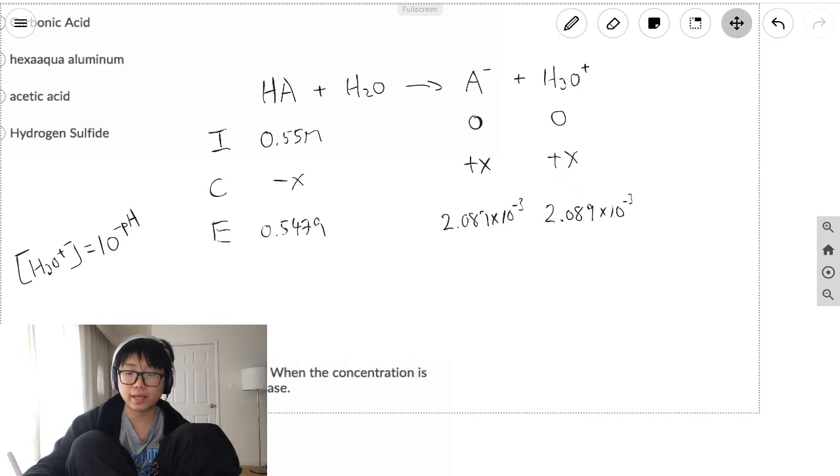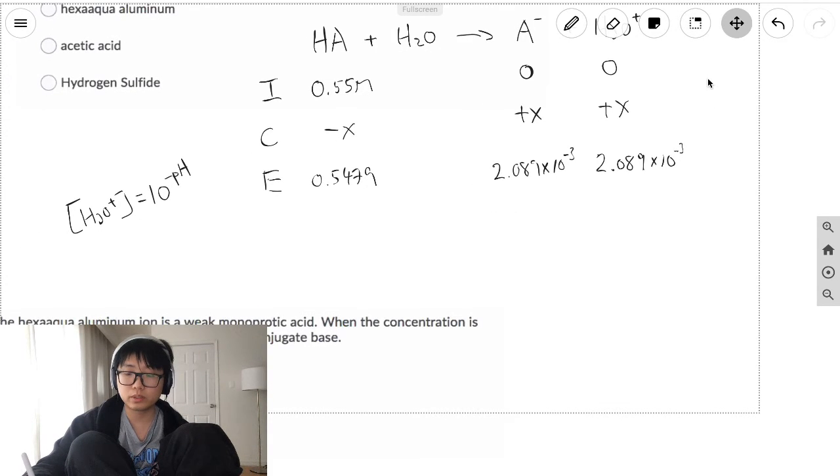Because how can I find a Ka value? The only way to find the Ka value is if I have the equilibrium concentration of everything. So what I'm saying is I first found the equilibrium concentration for H3O plus. Since that equals X, now I know what X is, then I can use that X to go to the equilibrium concentration for everybody else.